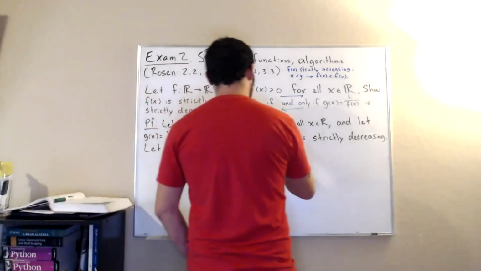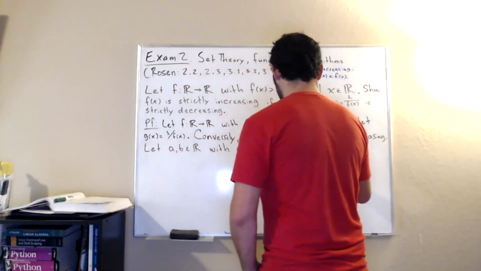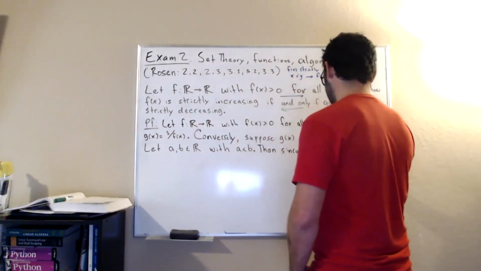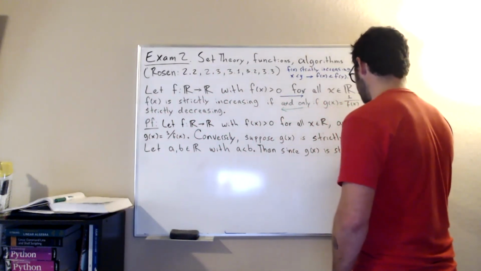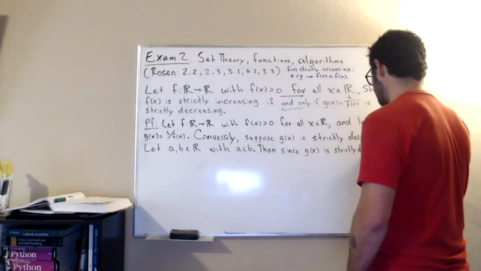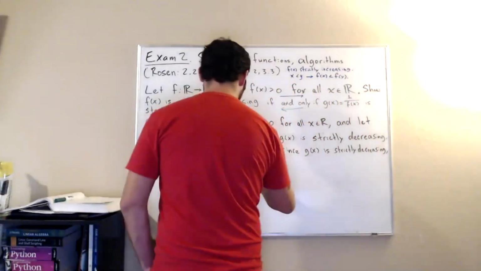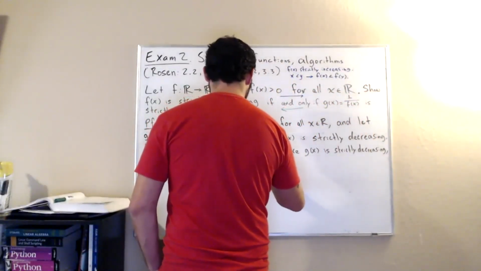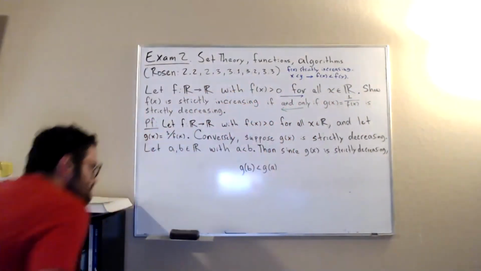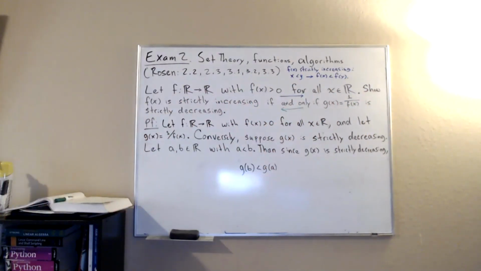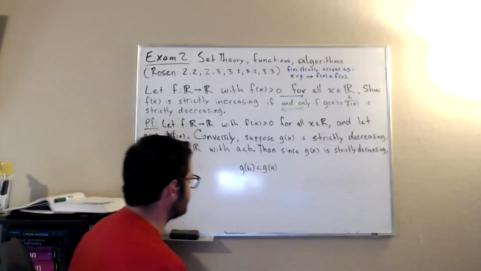Then since g of x is strictly decreasing, I know that g of b is strictly less than g of a. Yeah, that's the definition of being strictly decreasing.